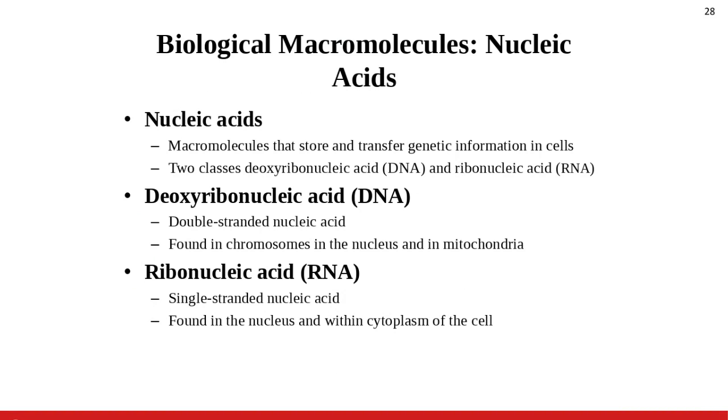The last macromolecule that I want to talk about is our nucleic acids. When you think of nucleic acids, I want you to think of genetic information in the form of DNA and RNA. Their job is to store and transfer that genetic information in our cells.